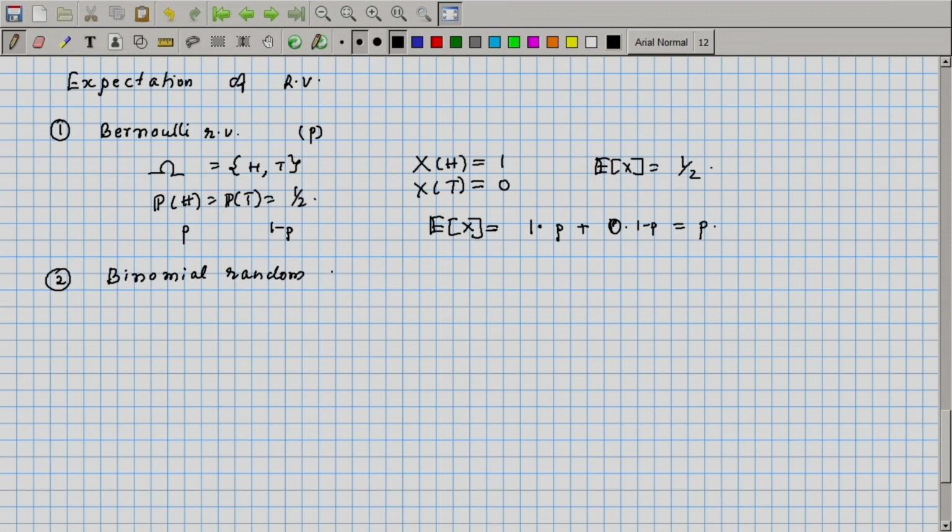Okay. So, let us consider this experiment of tossing a coin n times, and count the number of heads that appear. So, x is equal to number of heads.